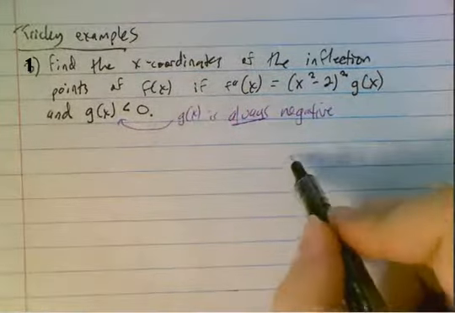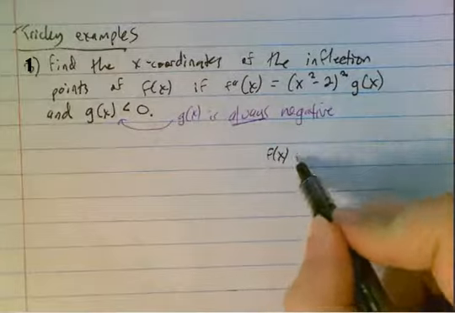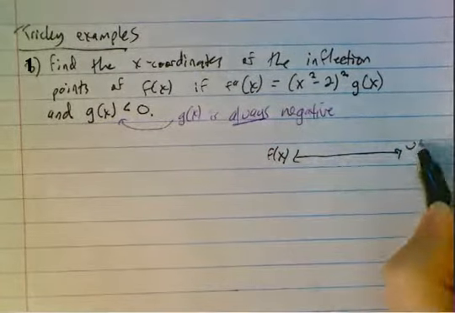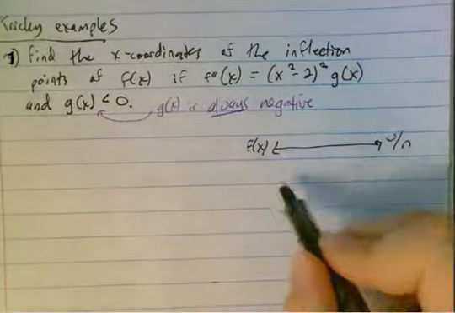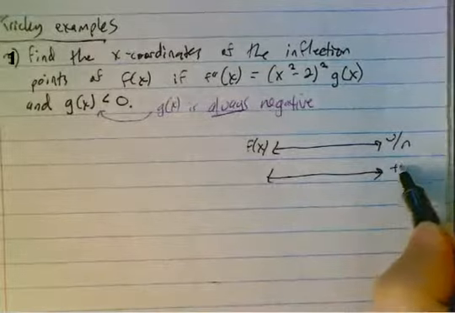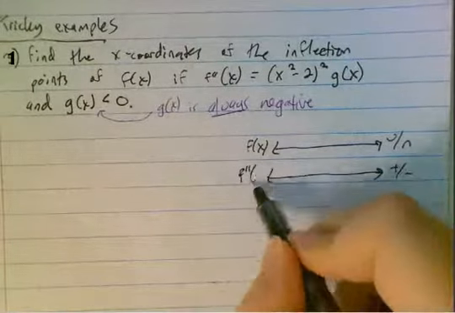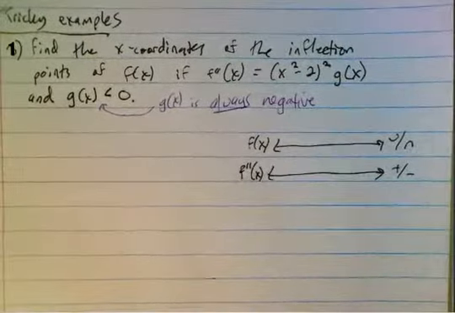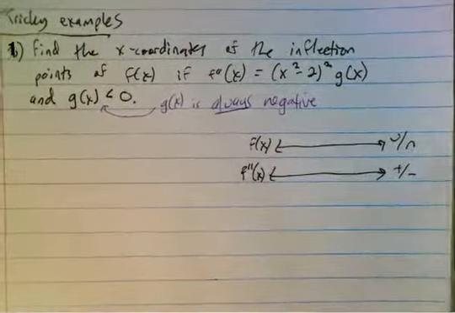So we want inflection points of f, and our positive negative translation is f double prime of x. So we can come over here, we already have our f double prime of x equation.